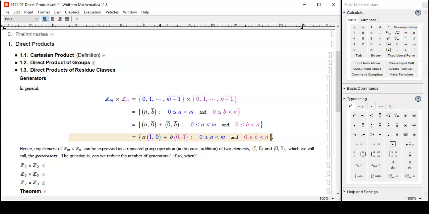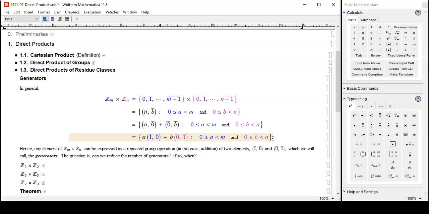So basically this one is repeated addition a times, and this one is repeated addition b times. So everything is coming from a repeated application of the group operation, starting from these two elements, blue and purple.